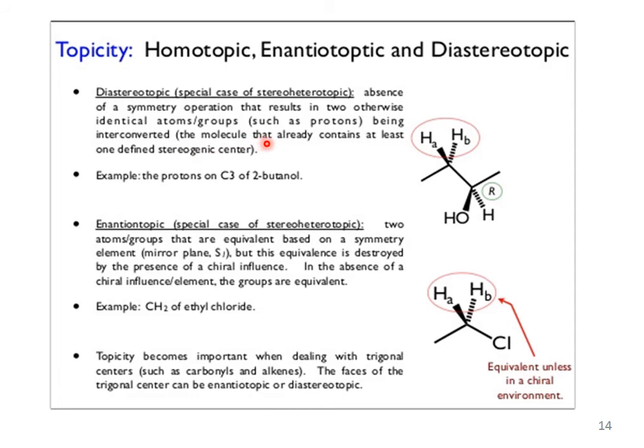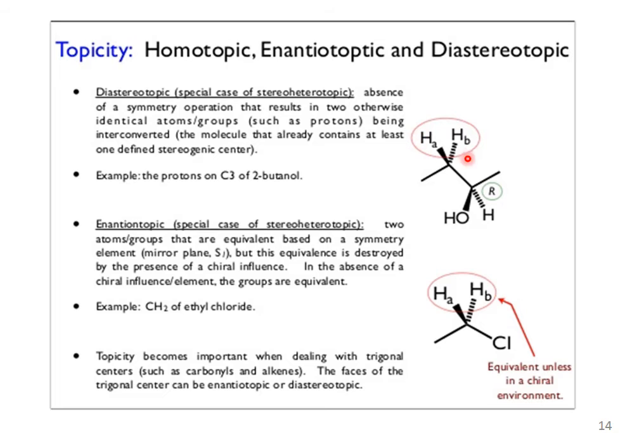Enantiotopic is a special case of stereoheterotopic: two atoms or groups are equivalent based on a symmetry element such as a mirror plane, but this equivalence is destroyed by the presence of a chiral influence. In the absence of a chiral influence, the groups are equivalent. Now you can see that replacing any one can result in the formation of enantiomers, so the two protons are enantiotopic.